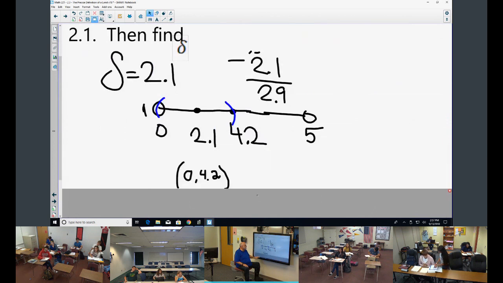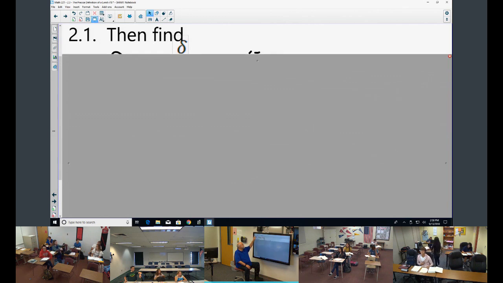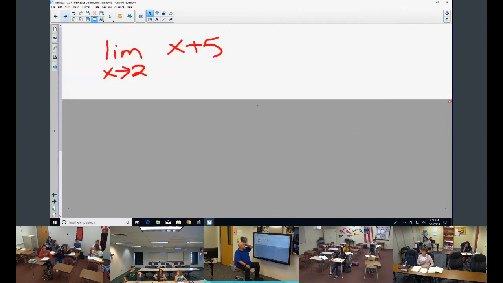So that's your range of acceptable values, from 0 to 4.2. But it just asks you to find delta, which is 2.1. All right, any questions on that?